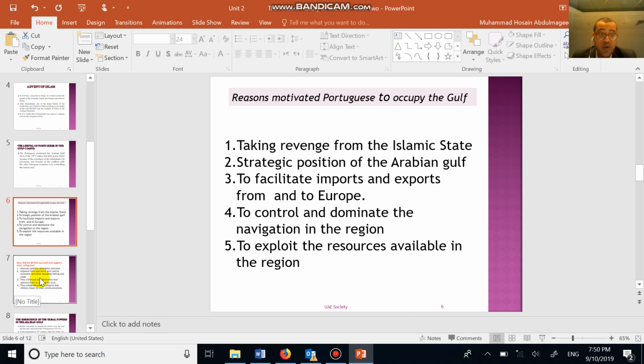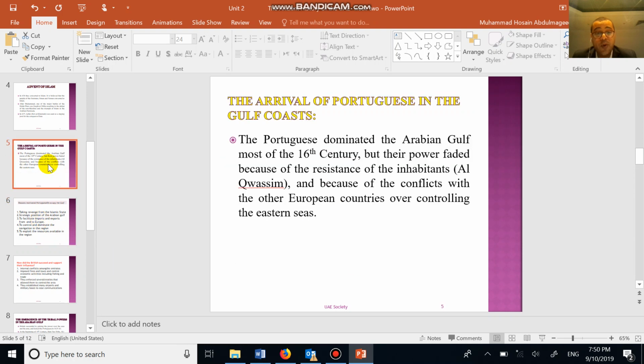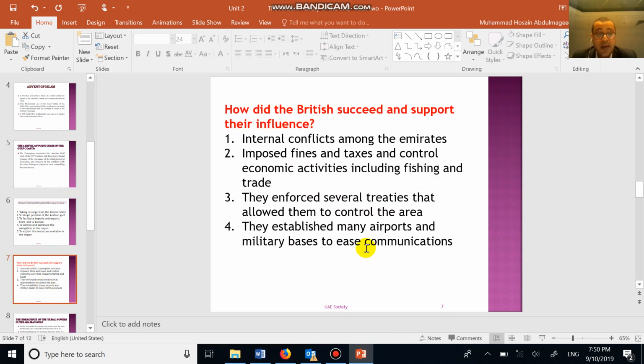That's why the Portuguese came to the country. Then their power faded and they left. They pulled back because of Al-Qawasim resistance. When the Portuguese got weak, the British took advantage of it, kicked them out and took control.